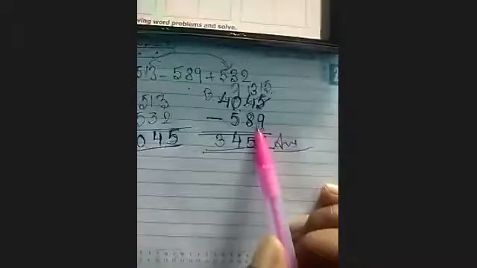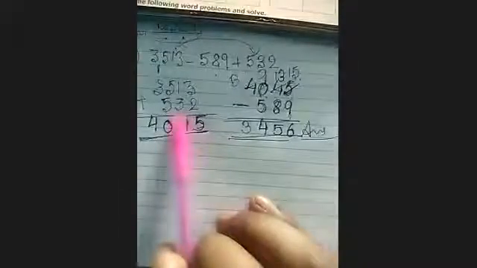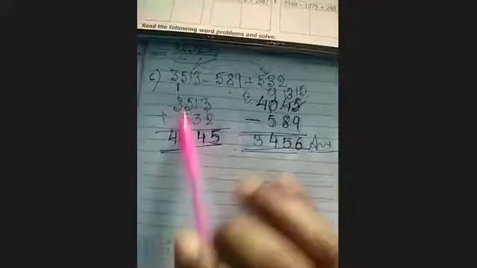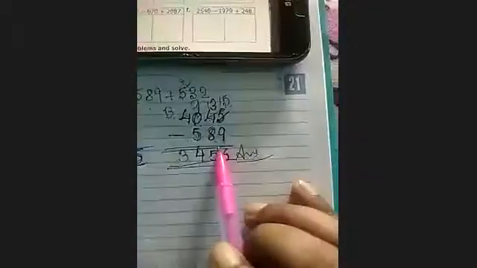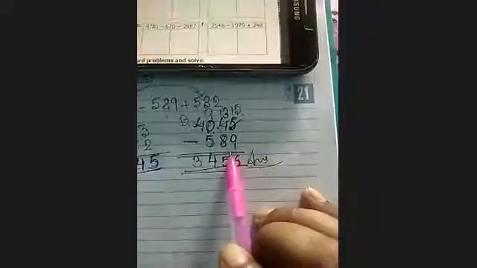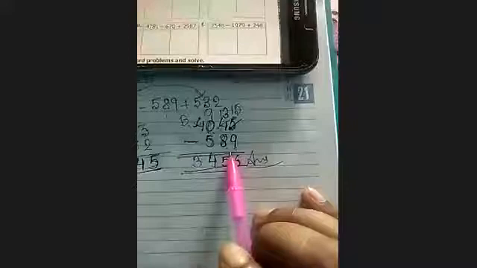So which is the bigger number here? 4000 is the bigger number. And from 4000, we are subtracting 589. Now clear? Yes or no? Please say. Clear? Yes, ma'am.